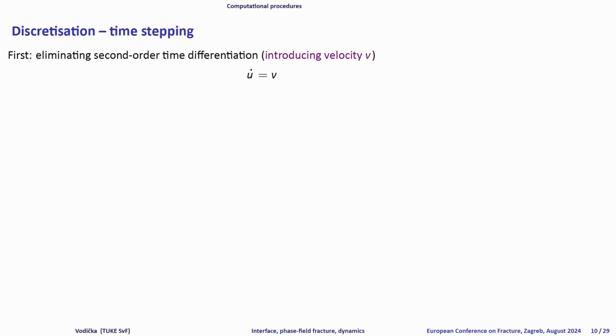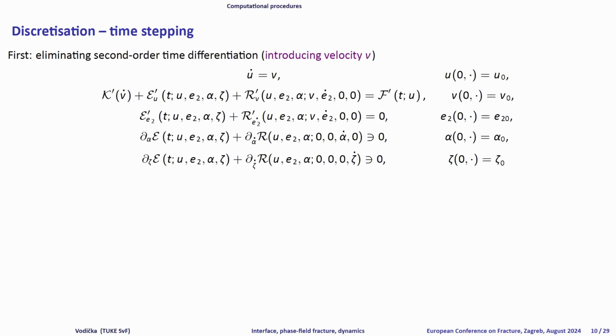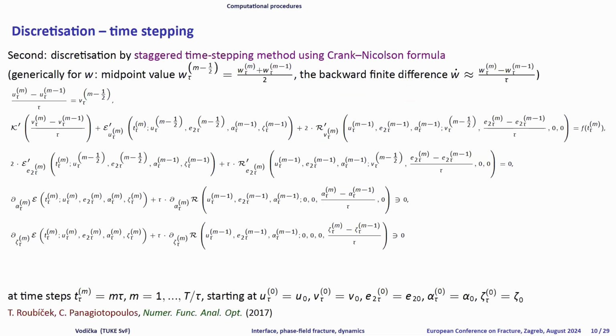Thus, we needed to introduce velocity, and then the system is of first order in the displacement variable. Now we apply numerical time stepping using the so-called Crank-Nicolson formula, which uses the backward time difference and the midpoint value, so that the first relation for the velocity is given by the first relation and the substitution in the other relation is provided here.